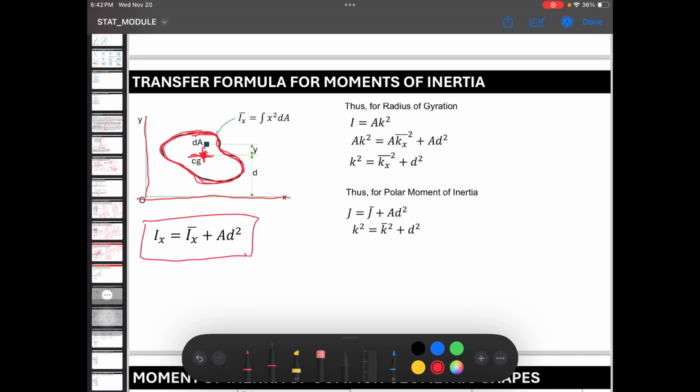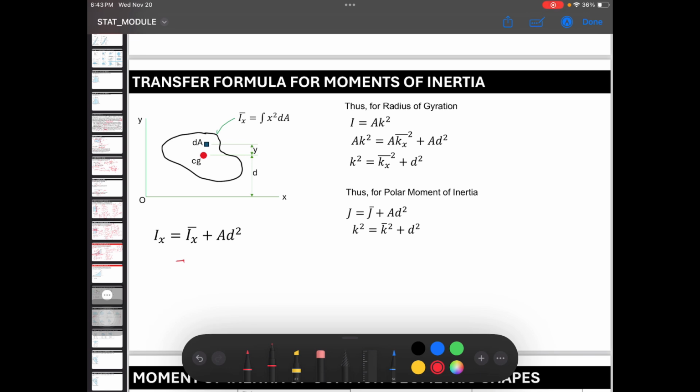Yung moment of inertia nito, malipat mo siya dito. It is by getting yung centroidal axis niya, since for x ito, for moment of inertia along x. So, kunin mo yung centroidal moment of inertia niya sa x-axis, i-plus mo yung total area niya times yung distance niya to the x-axis. X-axis to the centroid ng object mo. And then, squared yung distance na yun, or d.